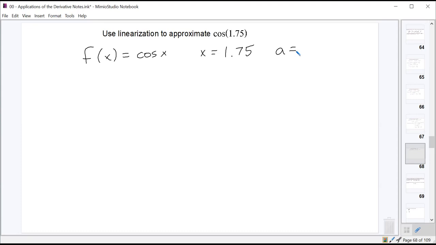Seems like a pretty good value for that might be pi over 2. Probably about as close as we're going to get for something that's pretty close to that. Pi being 3.14, we divide that by 2, and we're at 1.57. So that's pretty close to 1.75.